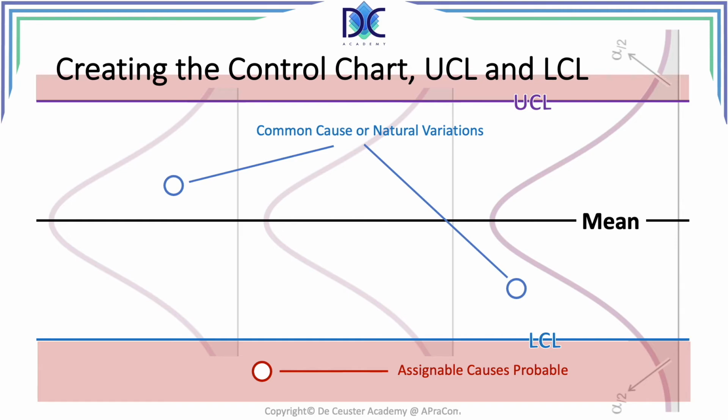For example, we look at the averages of the filling of the bottles, and we see where they are. When we have larger samplings, we can see certain trends and patterns. A good pattern, when we have common cause or natural variation, is that the sample averages are evenly spread around the mean. So this is basically the idea of how we create a control chart.